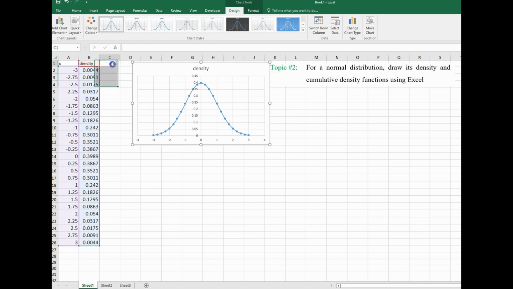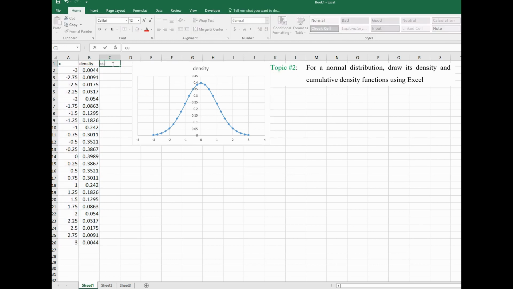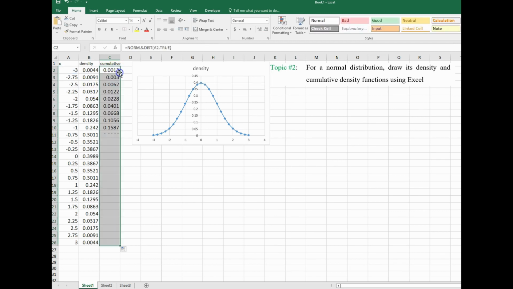The next one, we are going to calculate the cumulative. We apply the exact same function, NORM.S.DIST. This time for cumulative, we enter TRUE. And we copy and paste.